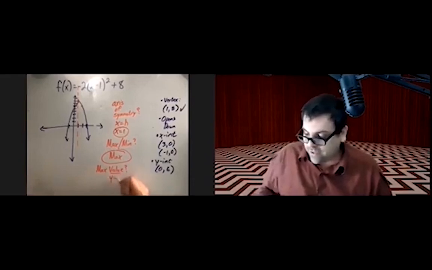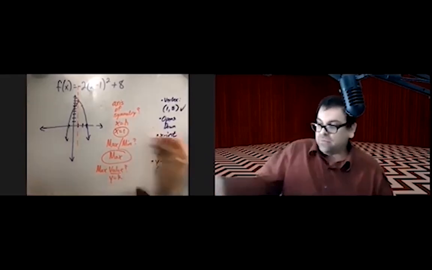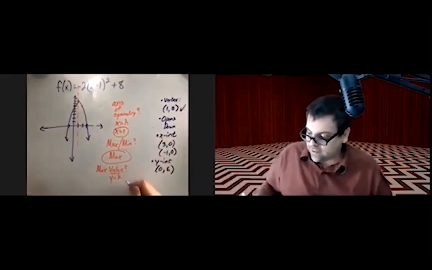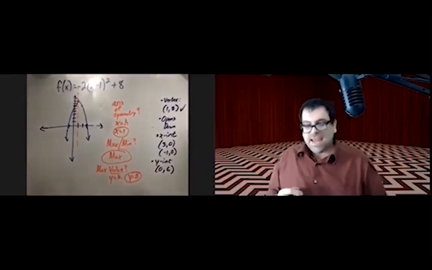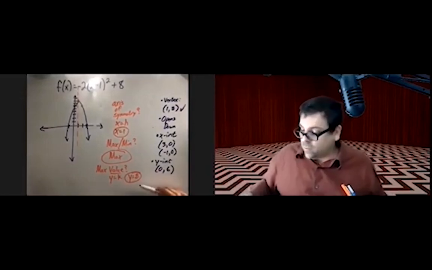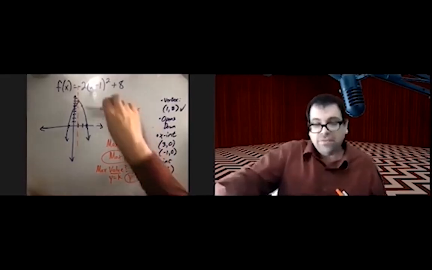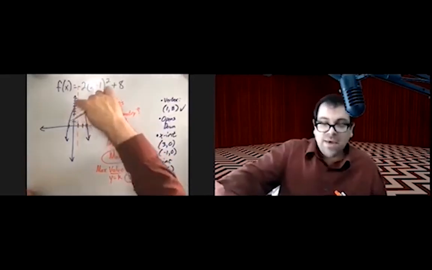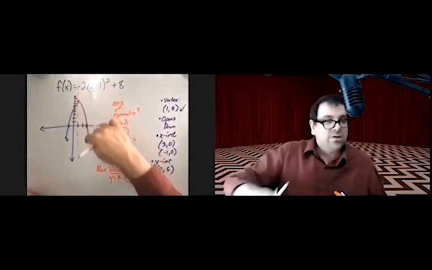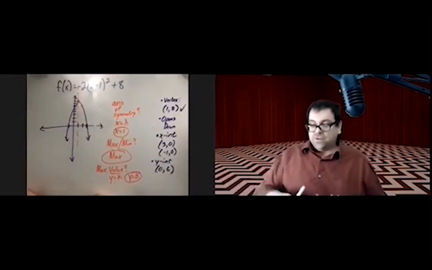Well, that's going to be y equals our k. It's going to be the output of the vertex. The max value is 8. This literally means y equals 8 is the maximum y value. We can't have y equals 9. We can't have y equals 10 because it's the maximum. It starts going back down after it hits 8.